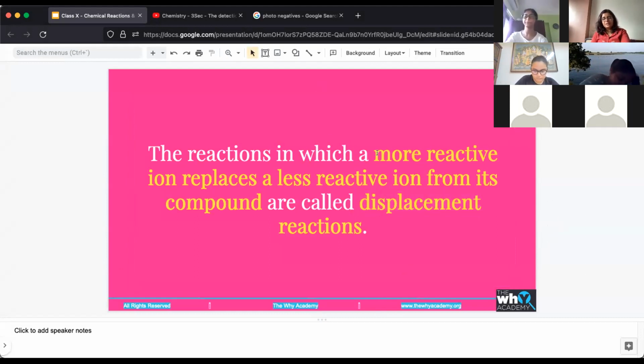So a reaction in which a more reactive ion replaces a less reactive ion from its compound is called displacement.